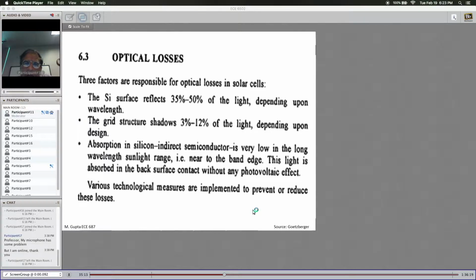So you have a transmission of the infrared near the band edge, and that light is lost. So we have these 3 losses, and what we're going to discuss is really how to calculate these losses, how to minimize or eliminate these losses. So that's what today's lecture is.